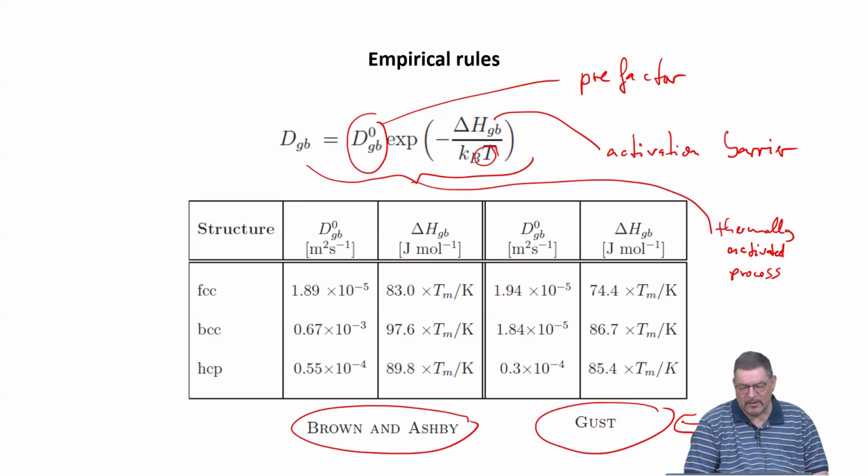And he took also values from our lab a lot, while Brown and Ashby did this prior to most of the grain boundary diffusion measurements. So they are mostly based on more theoretical assumptions. And so this is why the values vary a little. So if there is doubt, I would rather prefer using the approach and the numerical values by Gust over the ones by Brown and Ashby.